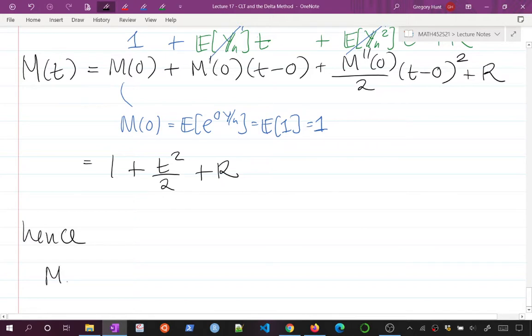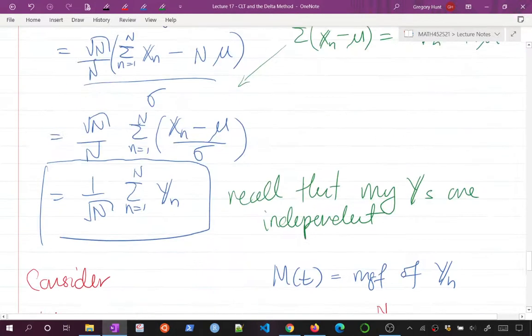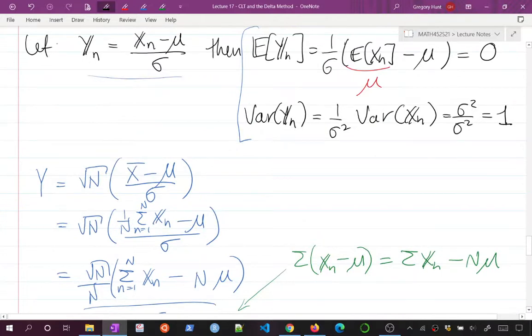Hence, if I look at finally the moment generating function of Y, and Y is our quantity of interest, if we go back up here, Y is exactly what we want to show the distributional limit of, root n times (x bar minus mu) over sigma.